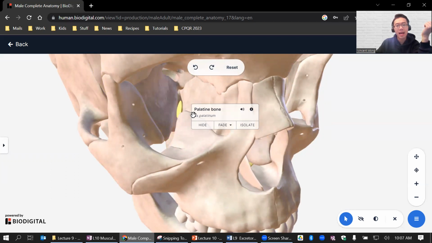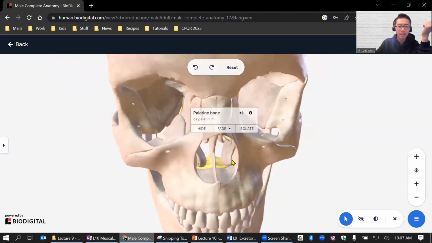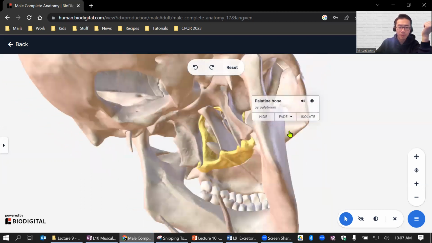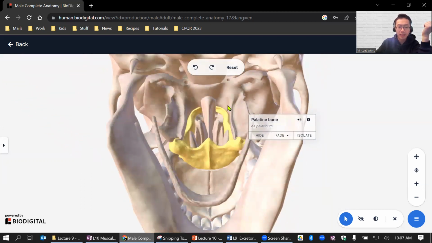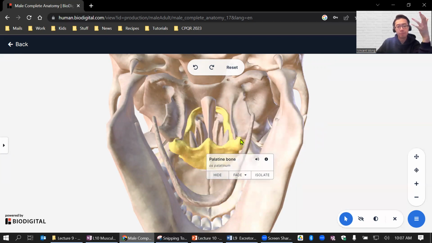Okay, so that's the palatine bone. And you're like, hey, I remember hearing about the palatine bone before. That would be right here. You see, the palatine bone actually comes down and forms the posterior 1/3 of your hard palate. Maxilla forms the front of the hard palate, palatine bone forms the back of the hard palate.